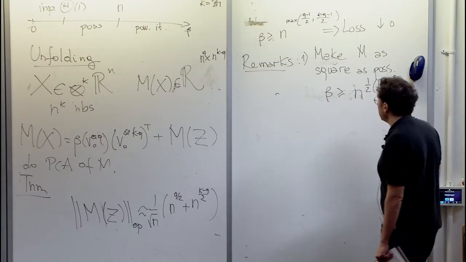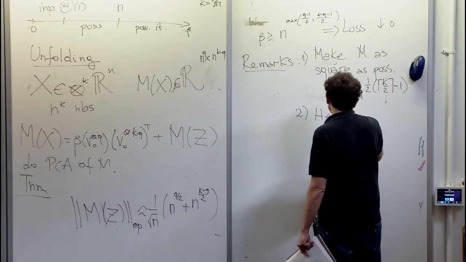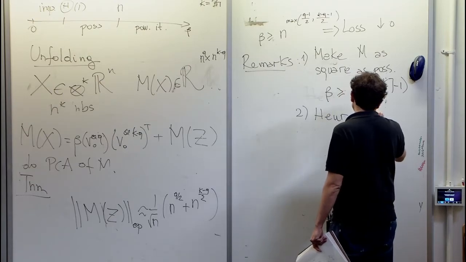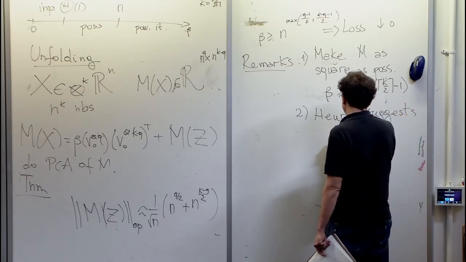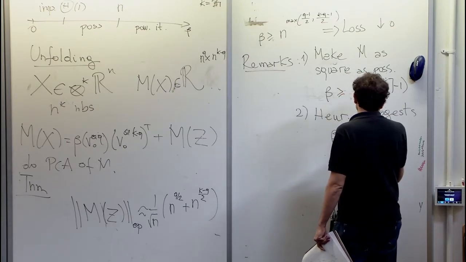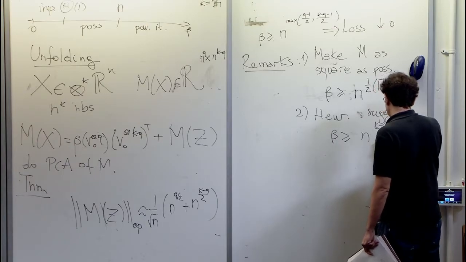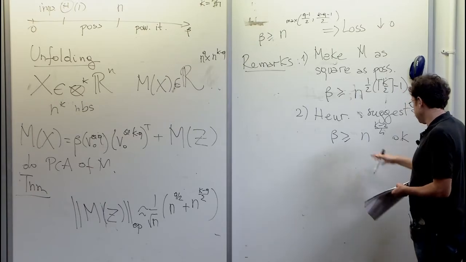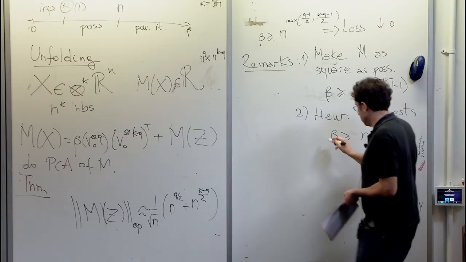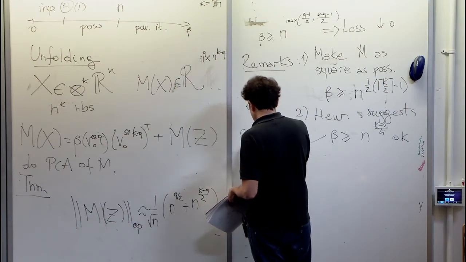So basically k over 4 in the exponent. Heuristics suggest that beta bigger than n to the (k minus 2)/4 is okay. So this is not exactly the same, and in some cases we can prove it, for asymmetric noise.